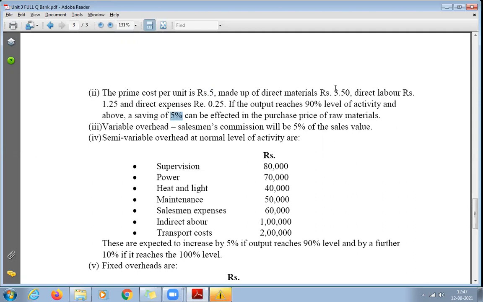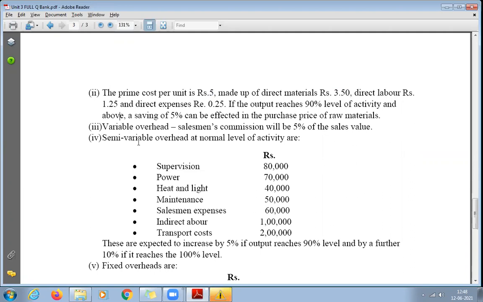That means how much is the raw material cost? 3.5. They're going to have savings of 5% on this 3.5. So we have to calculate 5% of 3.5 and then we have to minus. Then my prime cost will reduce. It will not be 5 rupees. That is for 90% and above, and that means even for 100% level also, it will be reduced by 5%.